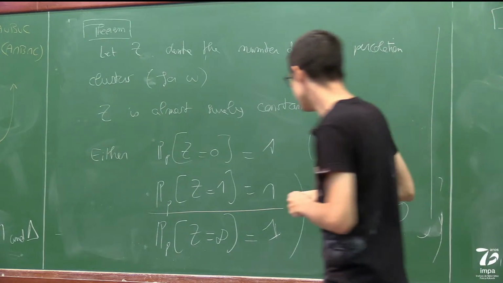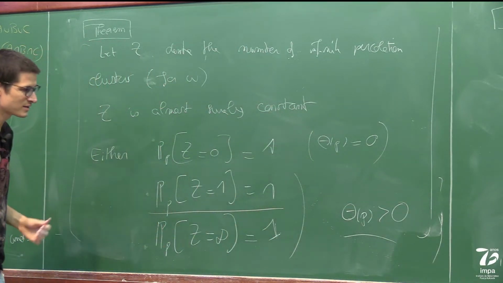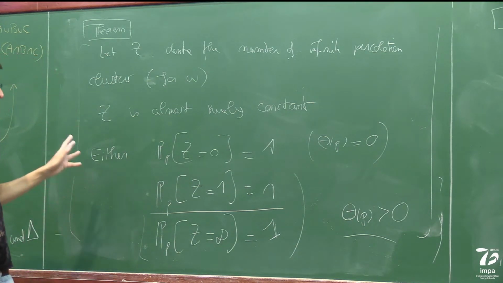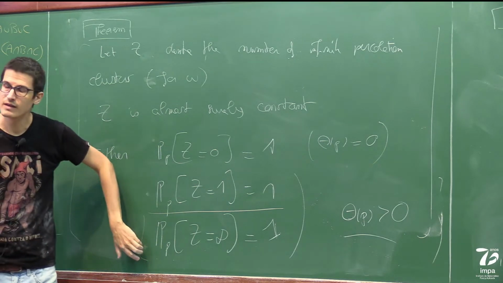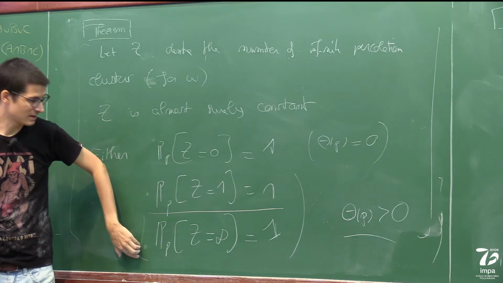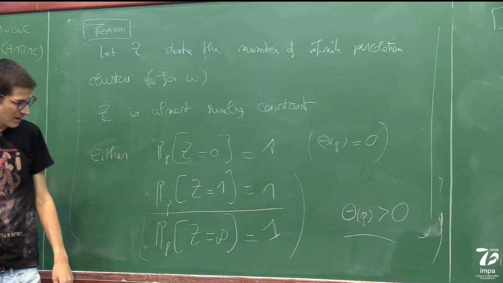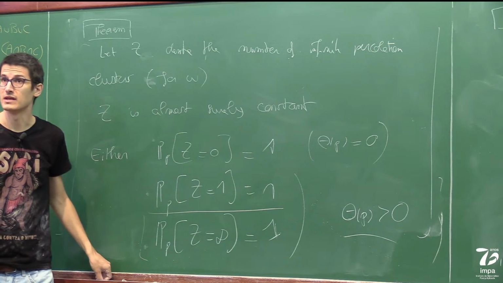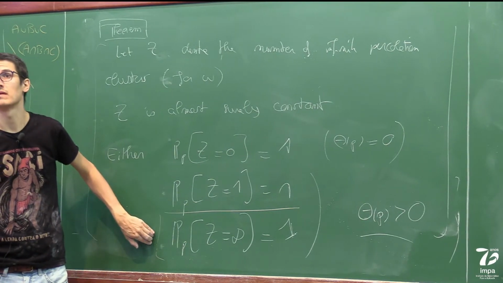Okay, but this theorem is still not something empty. This thing can happen, and for instance, I will restate it as an exercise for next time, but if you come back to the tree, you will see that on the tree, when p is larger than 1 over d, then almost surely you have infinitely many connected components. Okay, so on Z^d, this always happens. On the tree, this always happens.